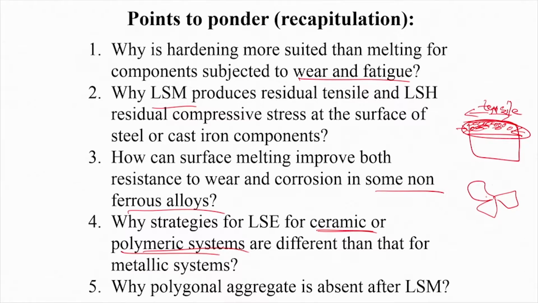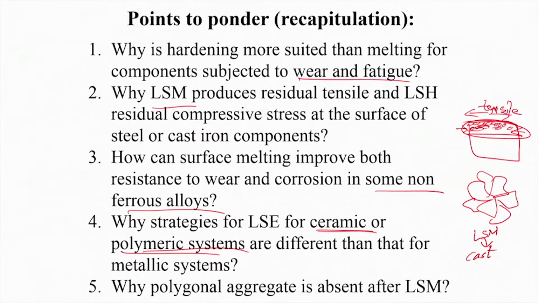In case of surface melting of metallic components, like the way I was showing in case of magnesium alloys, usually you don't necessarily develop a nice polygonal microstructure. This is difficult to develop by surface melting. That's because when you do laser surface melting, what you develop is a cast microstructure.